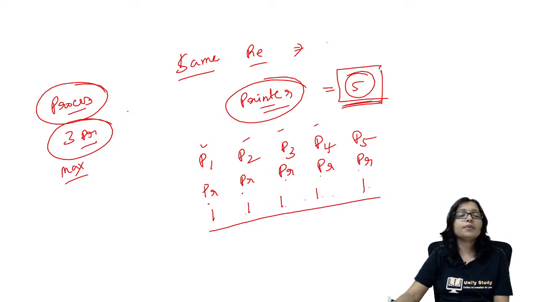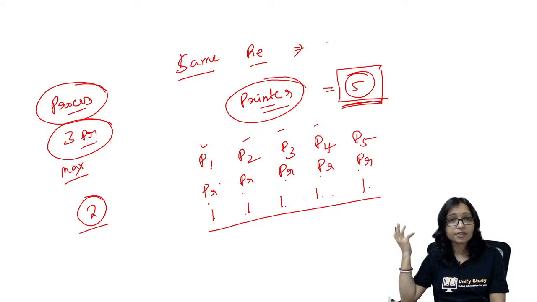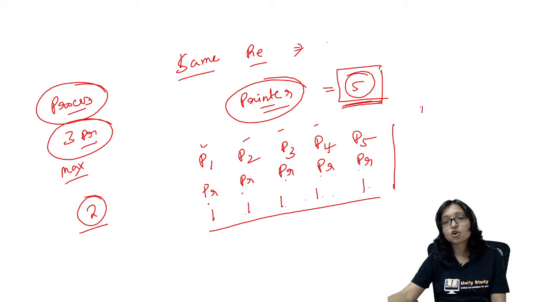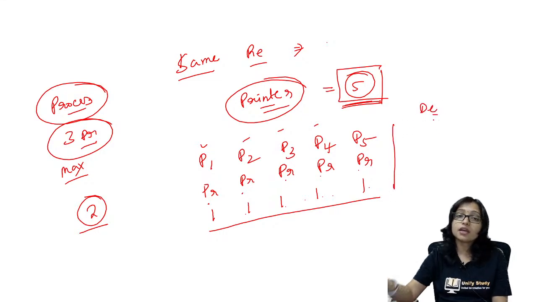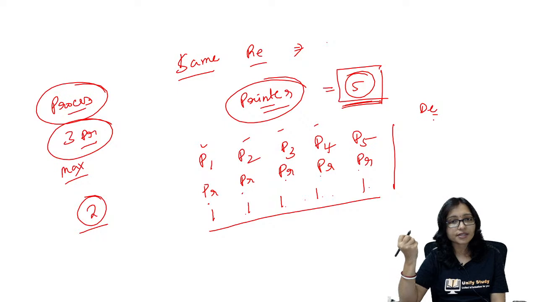No one will execute. Everyone is waiting for 2 more, but that is not available to me, so it is a deadlock. This condition is called deadlock. When everyone is waiting and no one is able to execute, it is a deadlock.